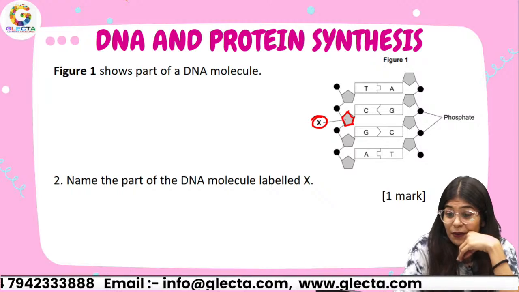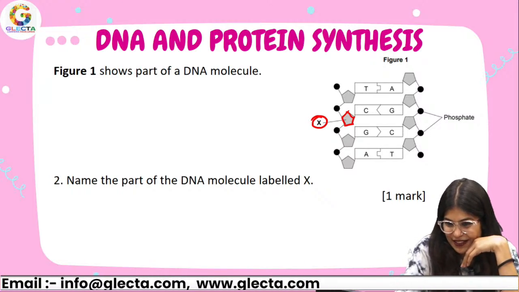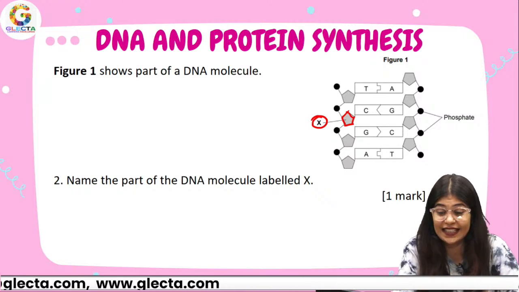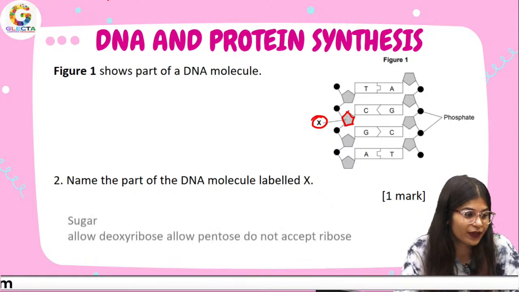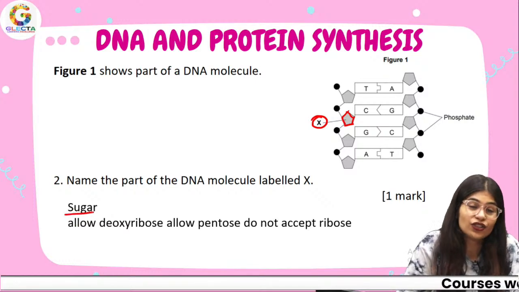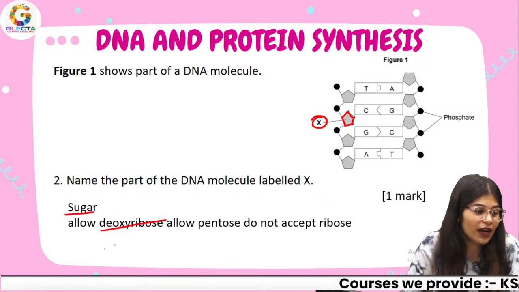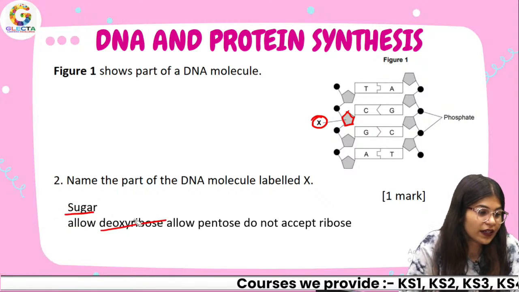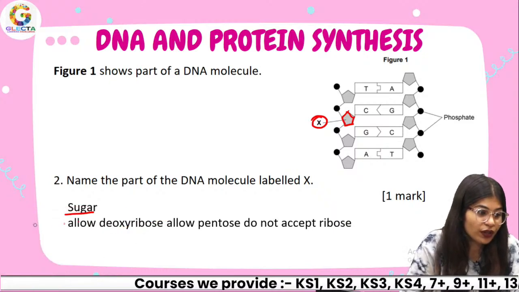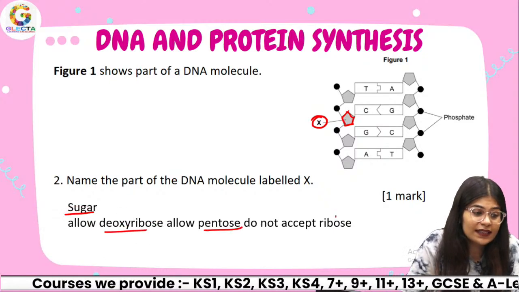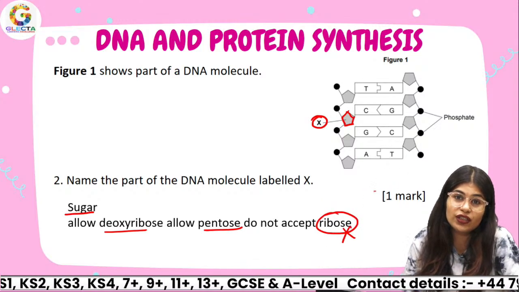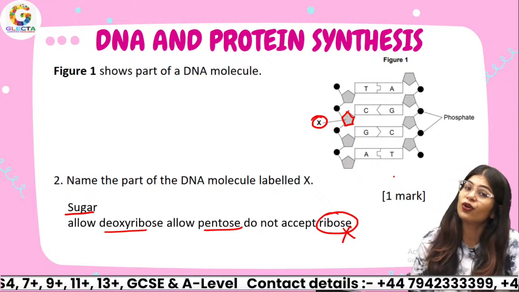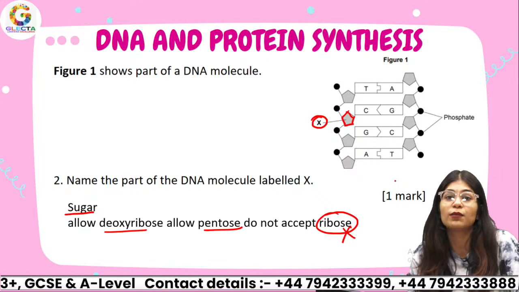Pentose sugar. Well, yes, Mothership, it is pentose sugar. Michael says sugar. Yes, that is correct. Not the bases, Mothership, but the pentose sugar. So you can say sugar, you can say deoxyribose, you can say pentose sugar, but you can't say ribose, because we know that this structure is DNA and not RNA, so you can't say it's a ribose sugar.